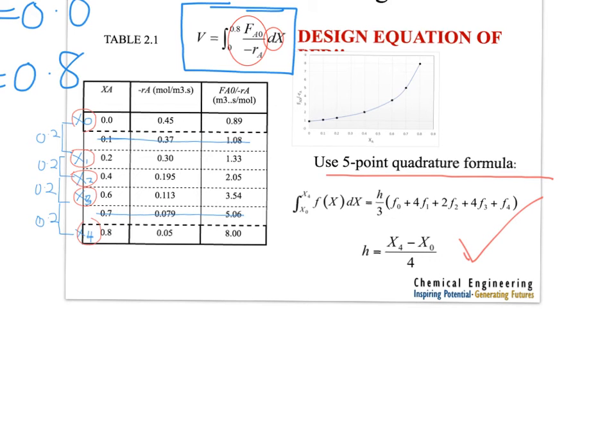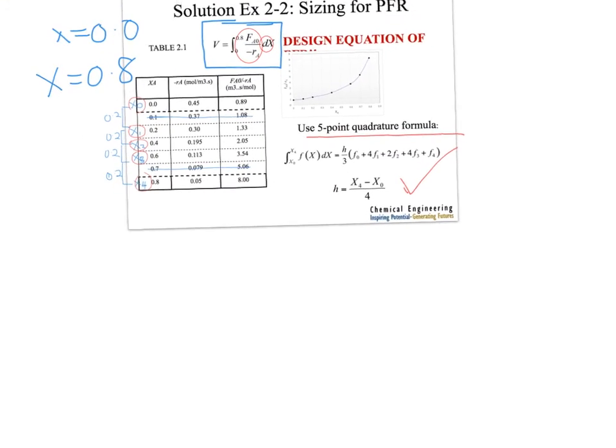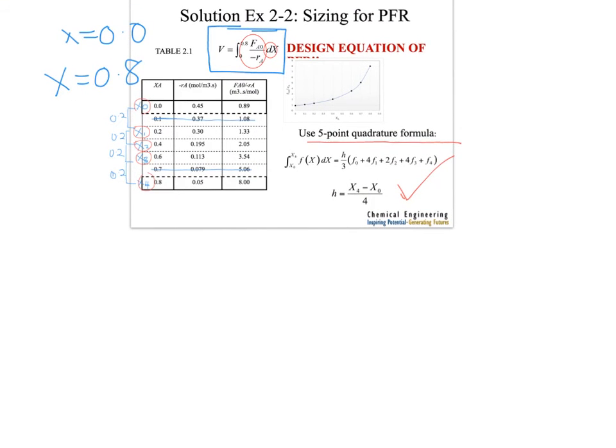Okay, now let's calculate the volume of the PFR for this question. You have the equation: V_PFR equals h over 3.